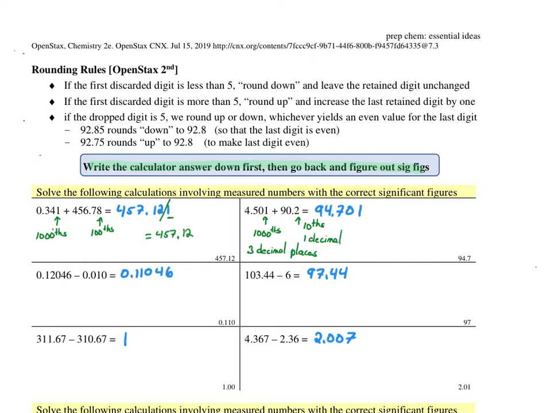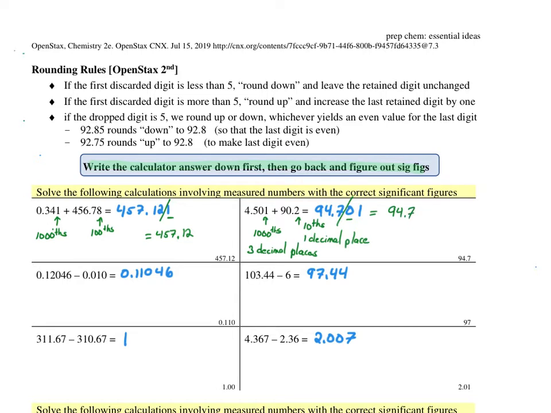So we report our answer with the same number of decimal places as our worst measurement. The second number, the one with the least number of decimal places, is going to be the worst measurement. So we have to stop after the tenths place. The first number to be dropped is less than 5, so we drop everything to the left. Our final answer is 94.7.